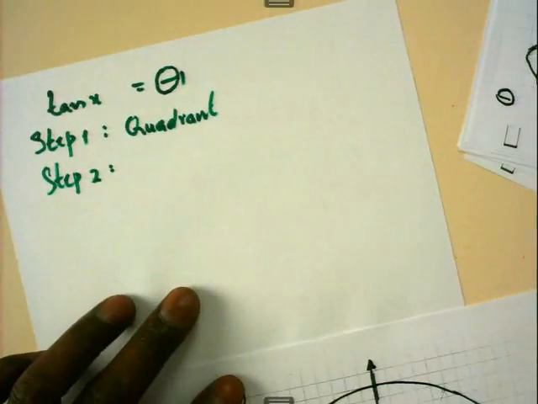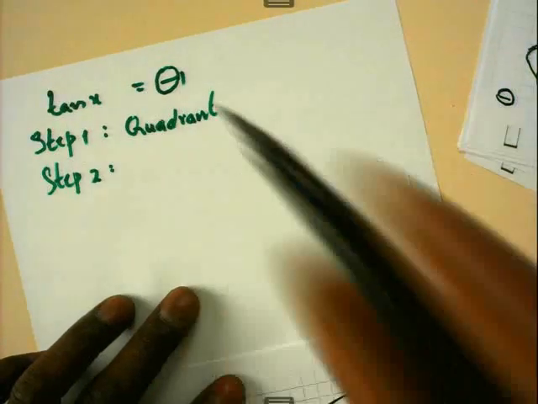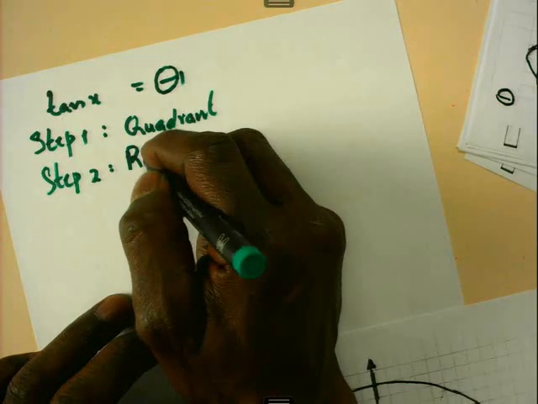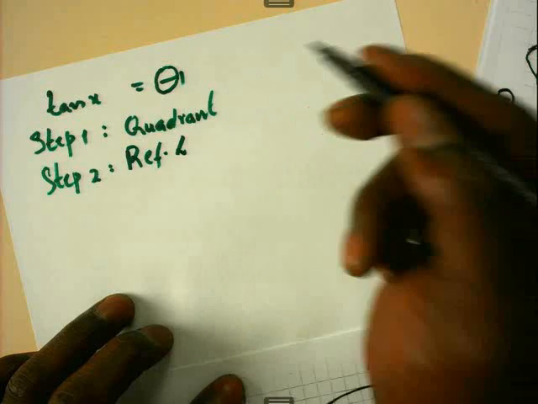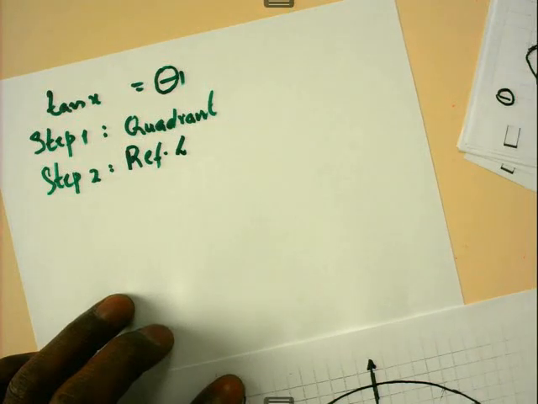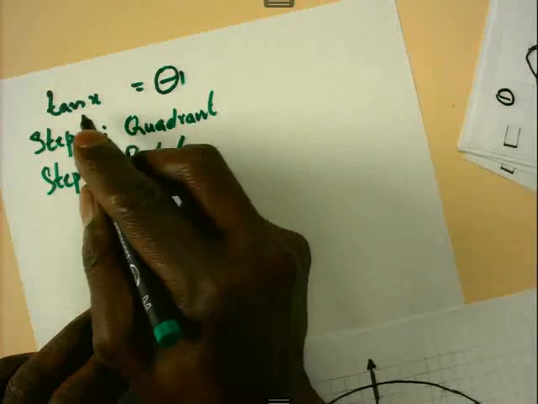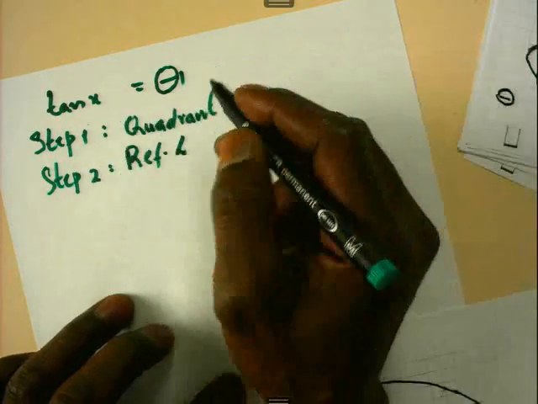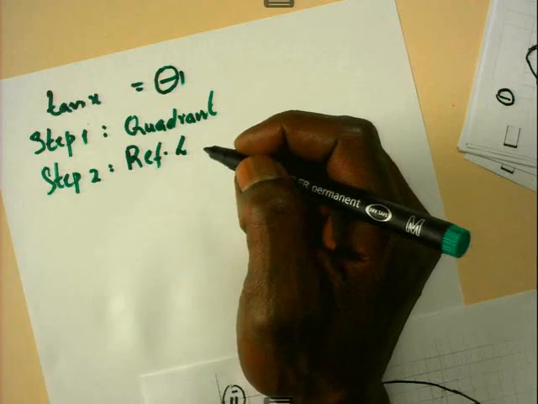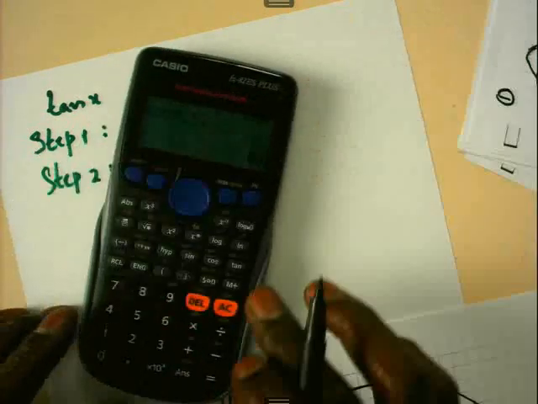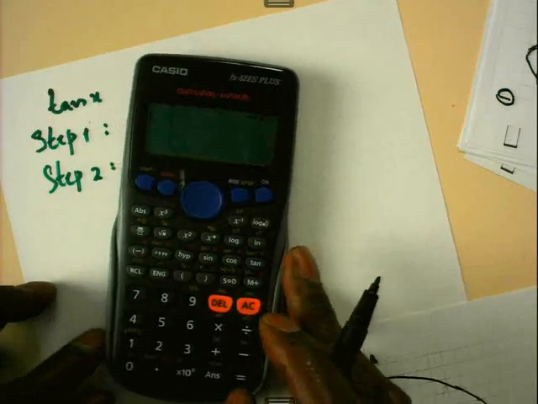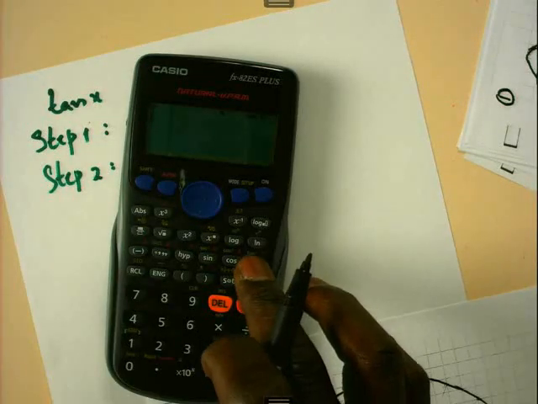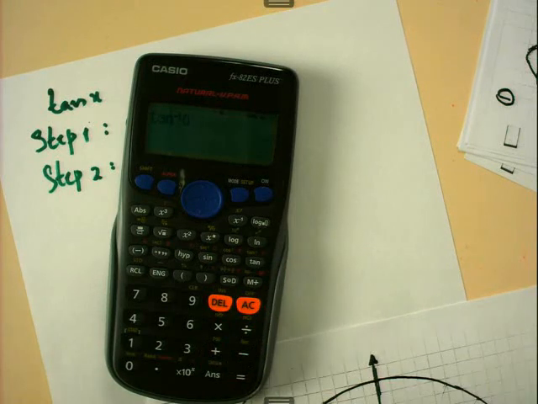Now, step number 2, we are going to find the reference angle. We are going to refer to this angle to find the solution for the equation tan x is equal to -1. Now, how do we do that? We take the calculator, we do the same thing that we have done, second function or shift. In this case, we are working with tan.